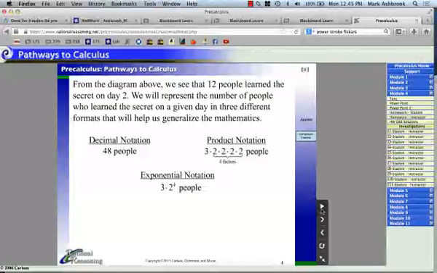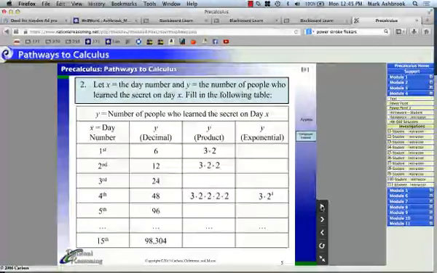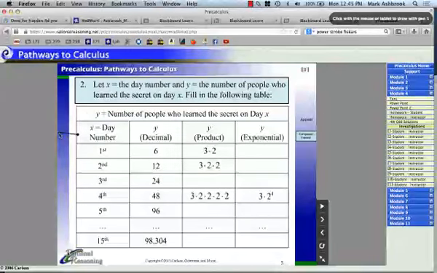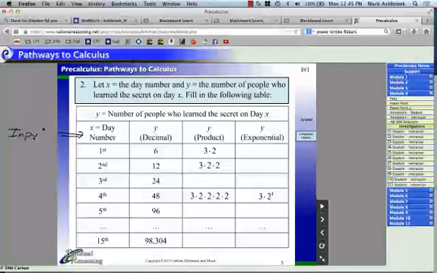Okay, so you're building this table, and in this situation, what is the input? We're moving towards building a function. What will the input be? X, input. So given a day number, we want to know what's the output, the number of people.